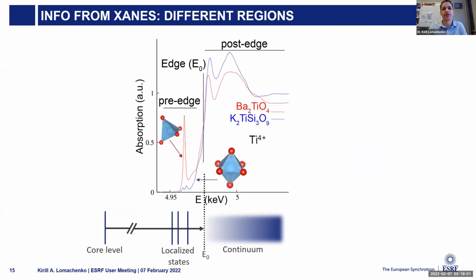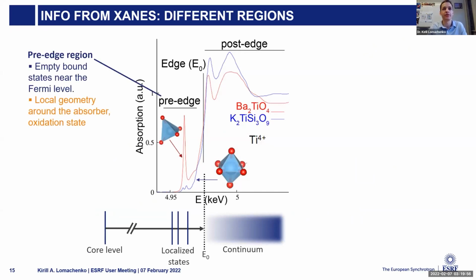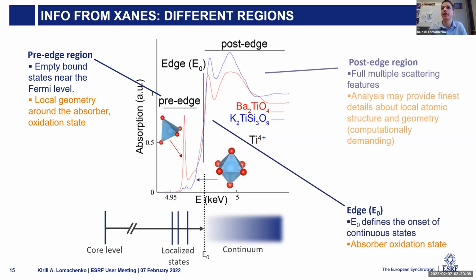XANES spectra consist of the pre-edge region, a structure before the main maximum, the edge, and the post-edge. The pre-edge very often contains information about the symmetry and oxidation state of the absorber. The edge position is often used to define the absorber oxidation state again.